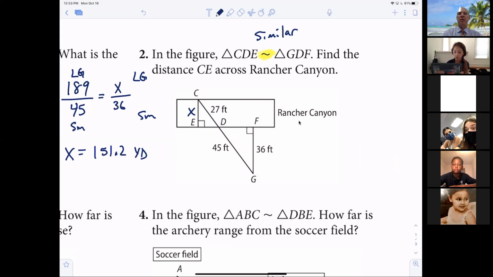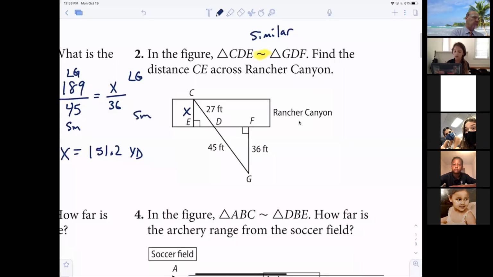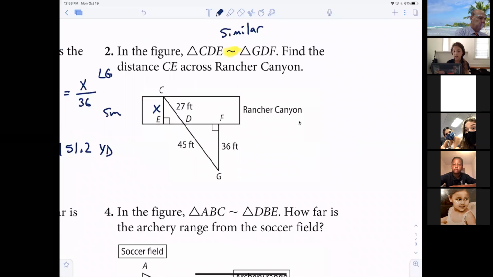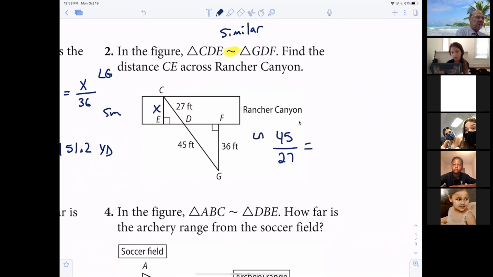All right, now, Misha, let's see if you can set this up for me. So what'd you do? 45 over 27. You are great. Then what? X over 36. Now, remember, 45 is the large. 27 is the small.